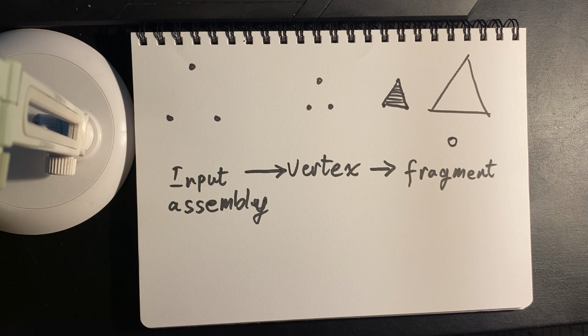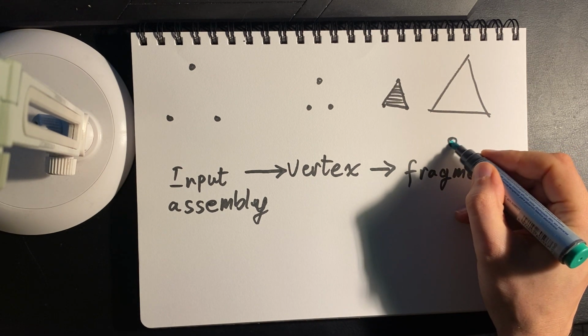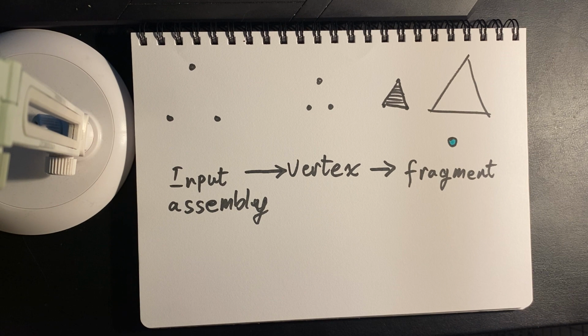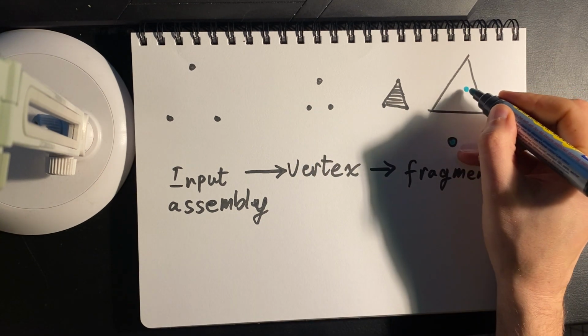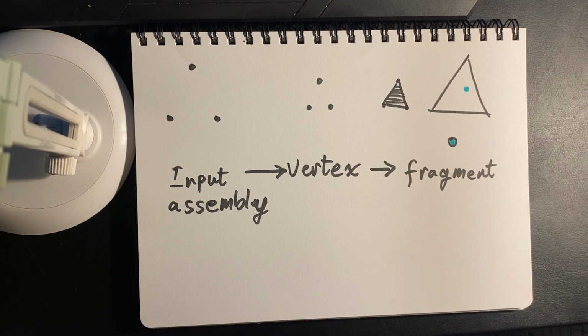And the question it is answering is, what color should that pixel be? So it does its math under the hood, and it says, this one, I return the color green, that pixel should be green. And then somehow, that is a pixel in the final image. Okay, so that's a really brief overview.